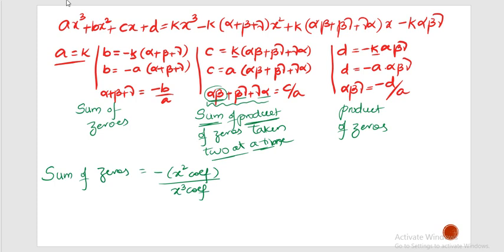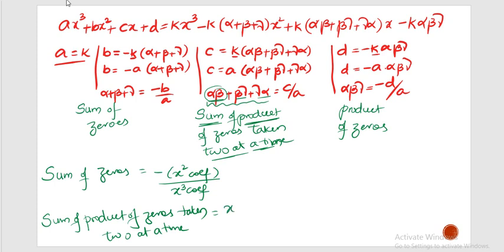So sum of zeros is nothing but minus x square coefficient by x cube coefficient. Next, sum of product of zeros taken 2 at a time is given by x coefficient by x cube coefficient.